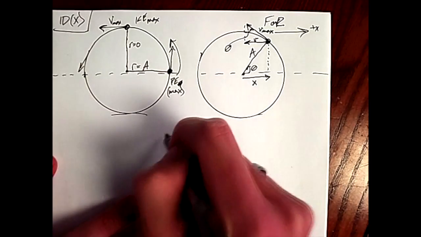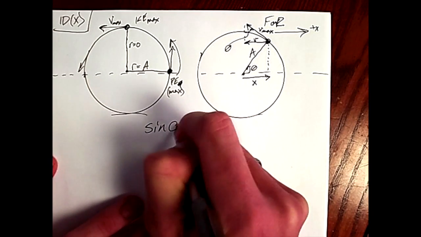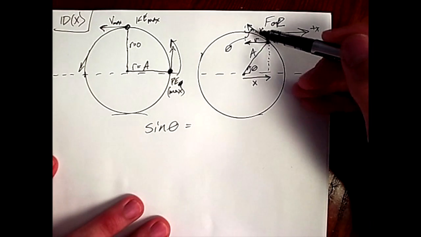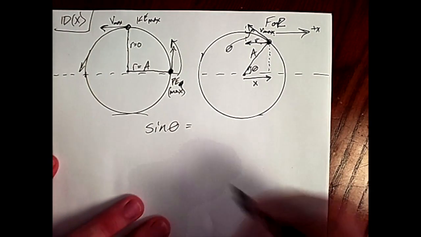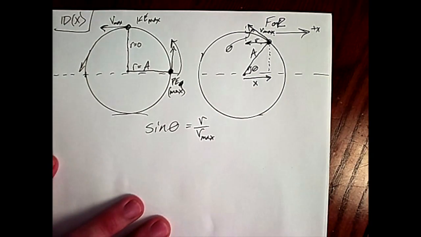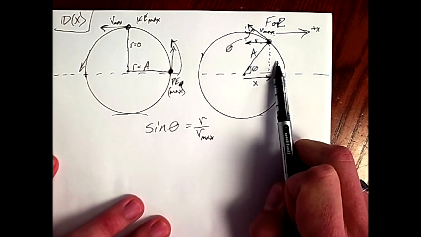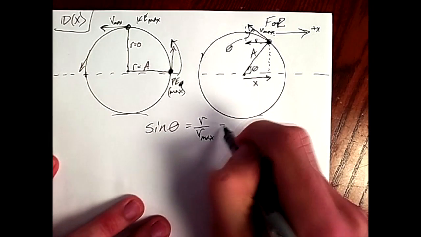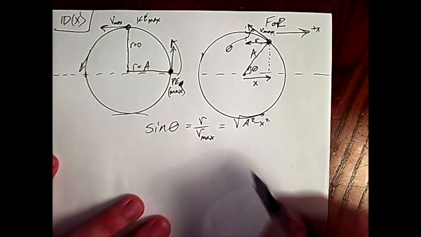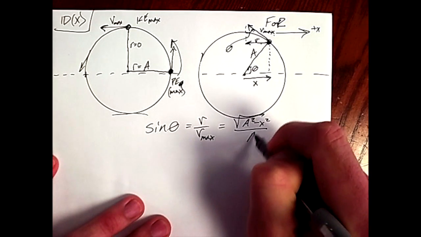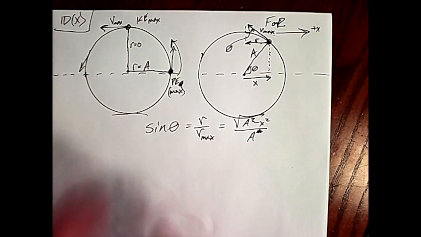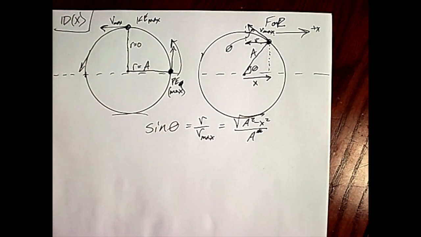So I can say that the sine of theta in these two triangles is equal to the opposite over the hypotenuse, which is the velocity divided by the maximum velocity, and the opposite divided by the hypotenuse, which is the square root of a squared minus x squared, divided by a. Square root over everything in the top? Yes.